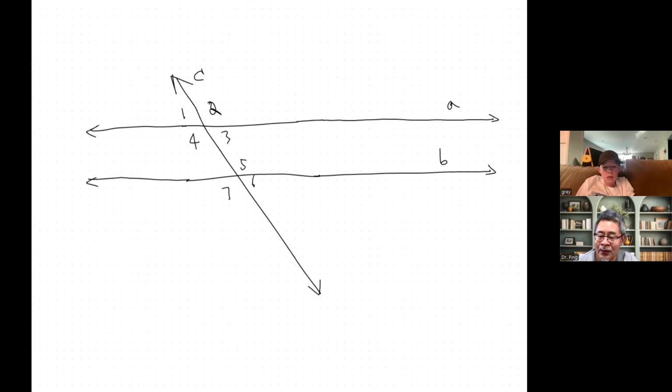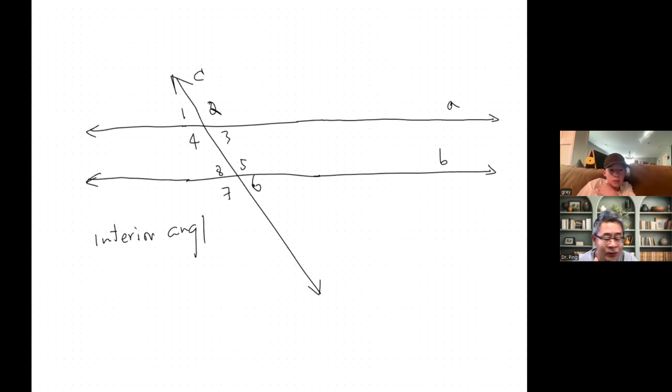Now you can see that they actually come in pairs. The first category we're going to put them under is interior angles.